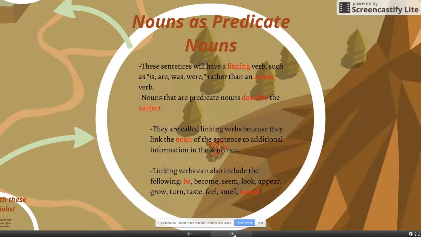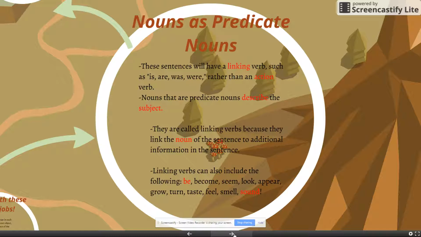Now moving on to nouns as a predicate noun. These sentences will have a linking verb such as is, are, was, were, but they can also be different ones like what I have listed down below. They do not have action. They describe the subject or restate the subject. They are called linking verbs because they link the noun of the sentence to additional information in the sentence.